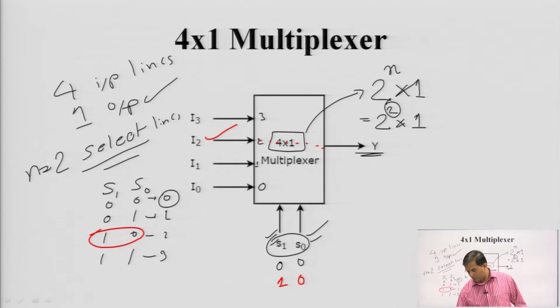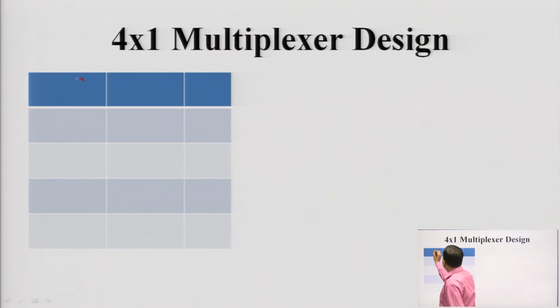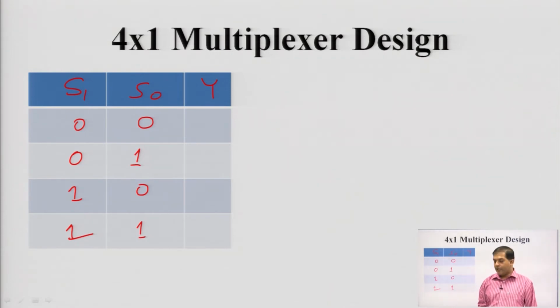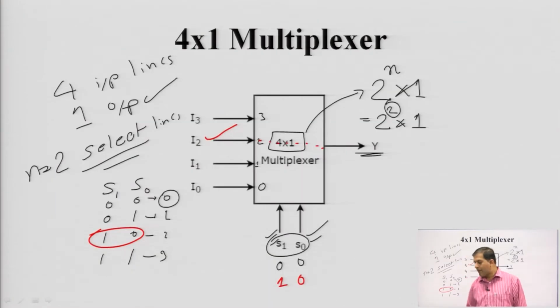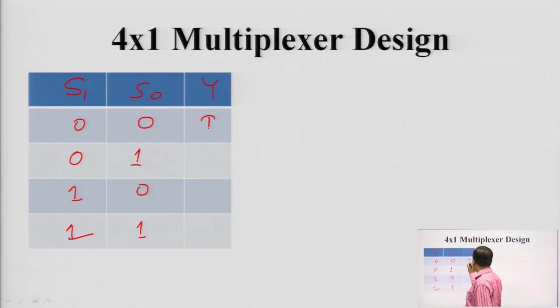Okay. Now the same thing we are going to design. So, whatever I have written like this: S1 and S0, and this is the output y. Two variables give 4 combinations: 0 0, 0 1, 1 0 and 1 1. You can see from the previous diagram, if the value of S1 S0 is 0 0, the output y will be I0.